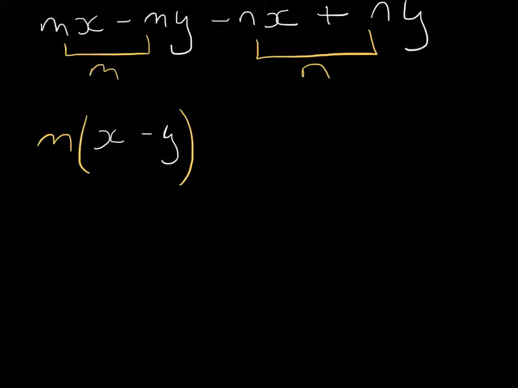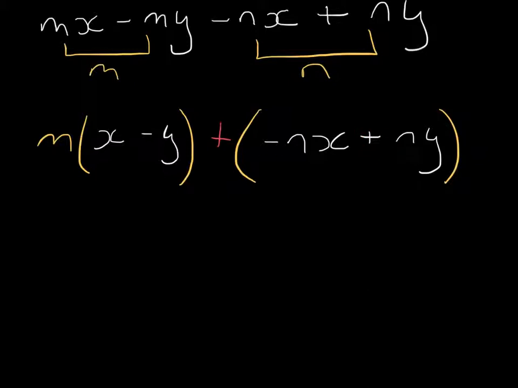So what I would do is put a plus there, keep my bracket, and then say minus nx plus ny. So now what I've done is I've created something that looks like it's been factorized so that I can see exactly what my common factor is. And over here is an n, or a minus n should I say, and a positive n.